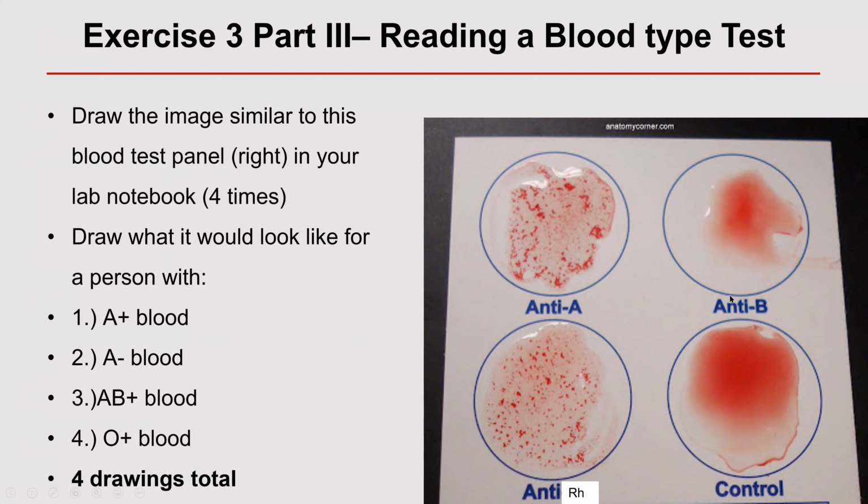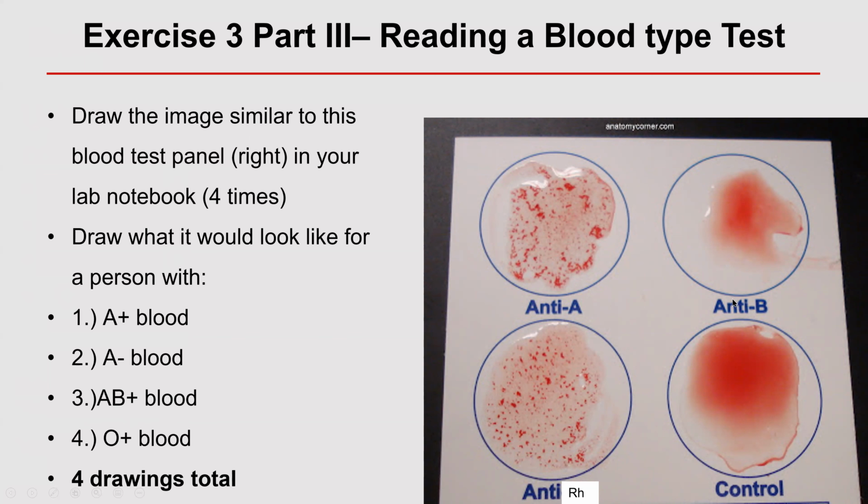Anti-B antibodies have been distilled, anti-A antibodies have been distilled into vials that we have, and we also have anti-Rh antibodies that have been distilled into serums. So we have these antibodies distilled into different serums. And then we also have a control, which is saline solution, which we'll discuss in a second.